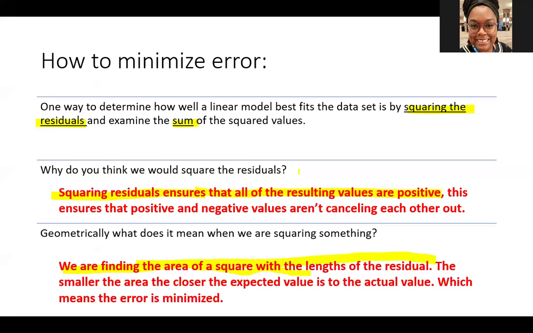The goal here is to have the smallest. The smaller the area means that the error has been minimized.